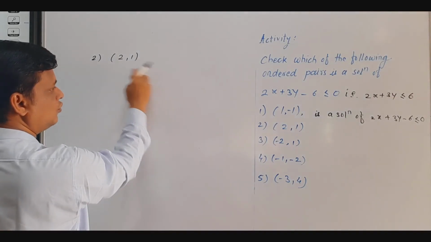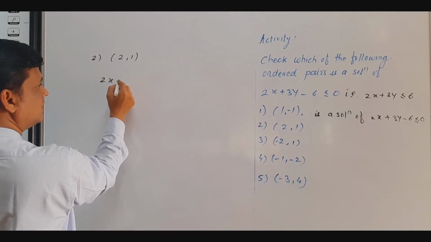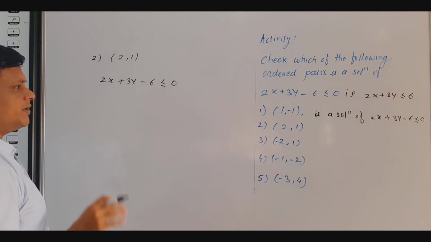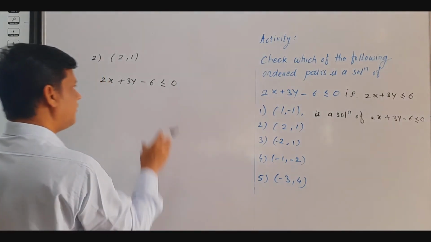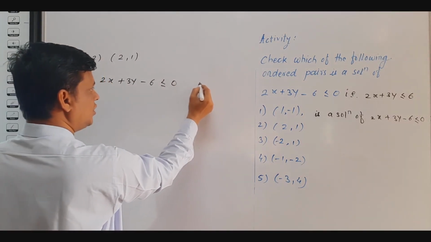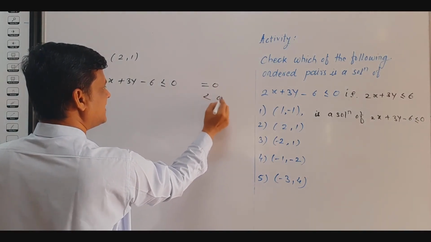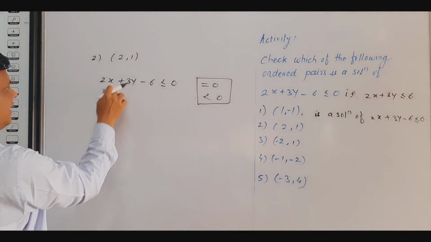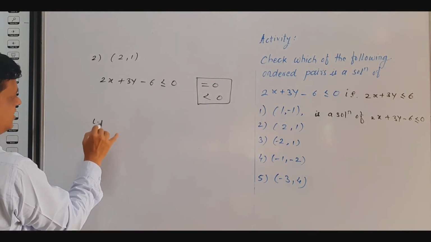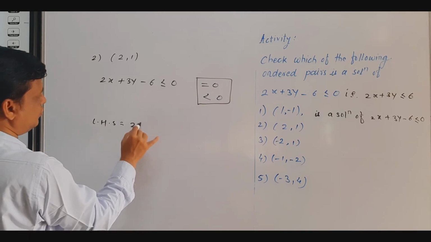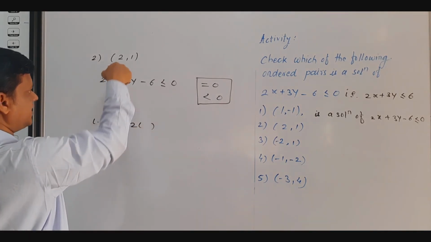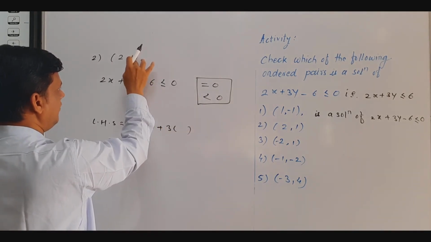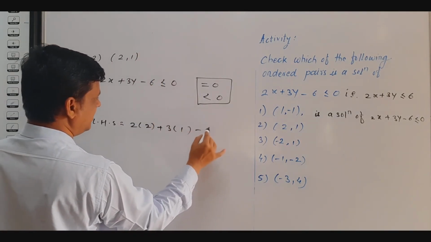Second ordered pair 2, 1. So 2x plus 3y minus 6 less than or equal to 0. That means we have to check whether the given value is equal to 0 or less than 0. These two conditions we have to check here. So we calculate LHS. LHS is equal to 2 into, replace the value of x by 2, so 2 into 2, plus 3 into, replace the value of y by 1, and this minus 6 as it is.